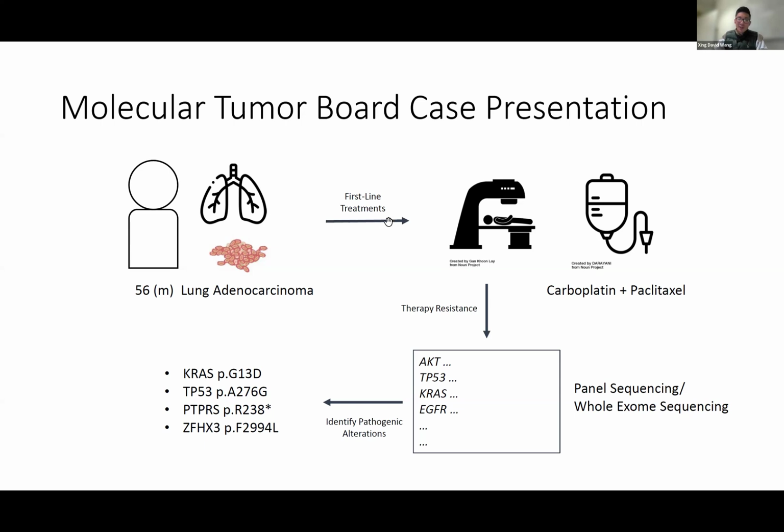So one has decided to do a panel sequencing or a whole exome sequencing to try to find pathogenic alterations which one may target with precision oncology. After the panel sequencing, in our fictional patient case, we have identified 4 potential driver mutations which we now want to target.